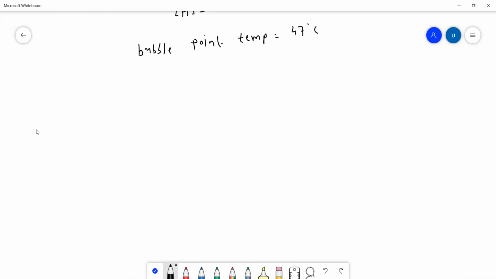Let me write component, because we know that we have to determine the relative volatility. We should have alpha average, so we will determine the relative volatility at top and bottom.